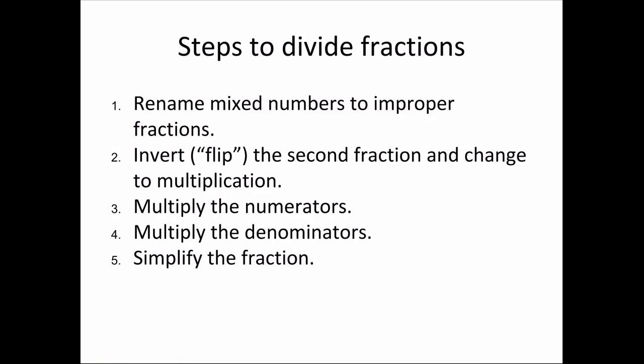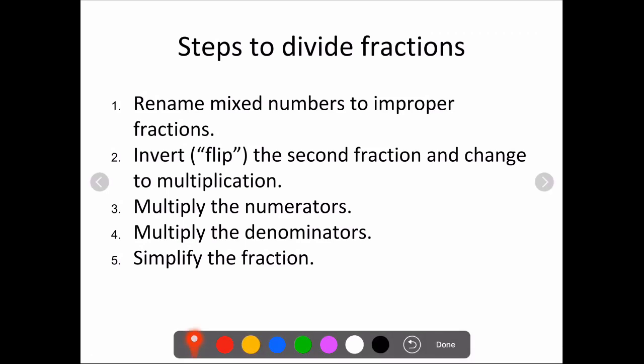Okay? So what are our steps to divide fractions? Our step number 1 is rename the mixed numbers to improper fractions. So if we have 2 and 1/2, we want to change that to 1/2 plus 4 halves. 4 halves is 2, so we want to change that to 5 halves.